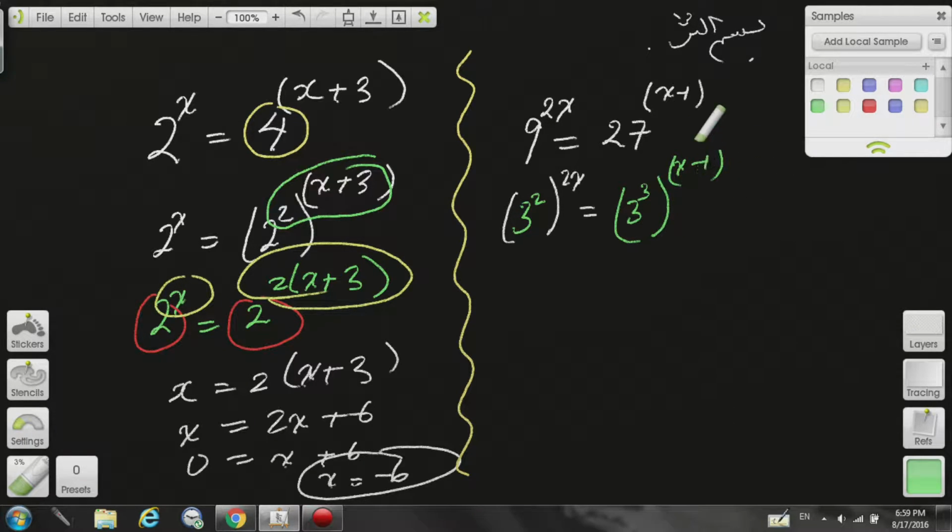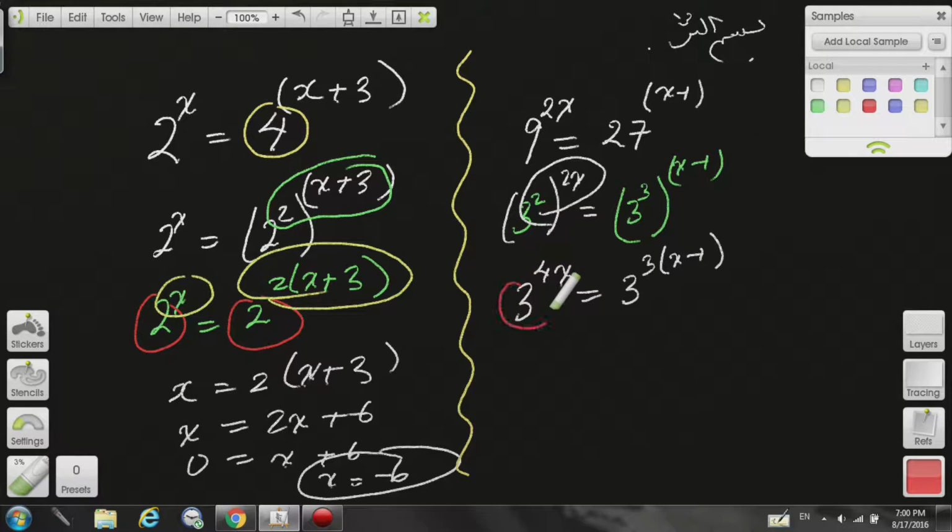And then the exponent x minus 1. And then you can simplify this as 3 to the exponent of 4x equals 3 to the exponent of 3 times x minus 1.